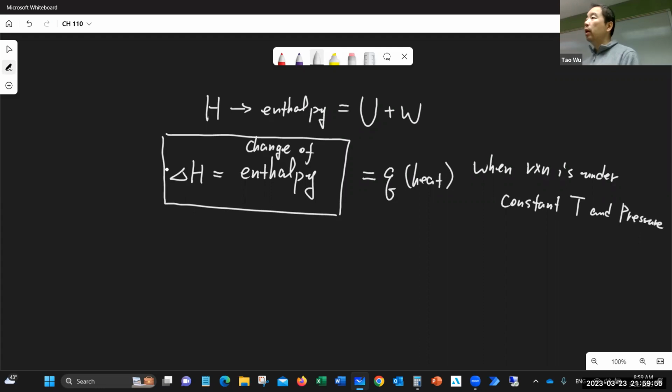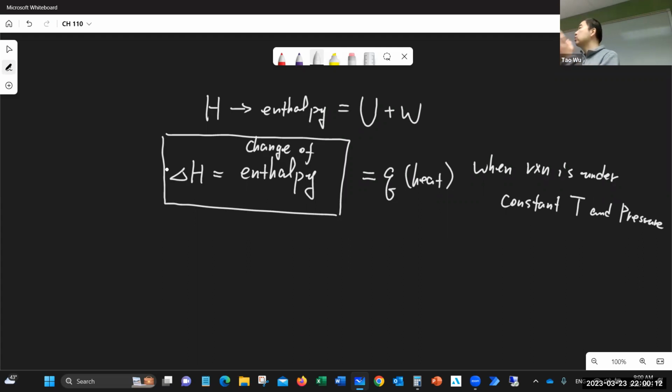So when we have some experiment happening under the constant temperature and pressure, you can assume the enthalpy change is just equal to the heat.